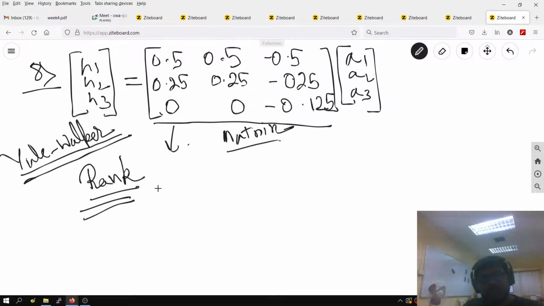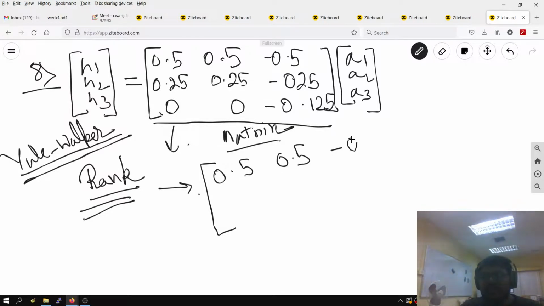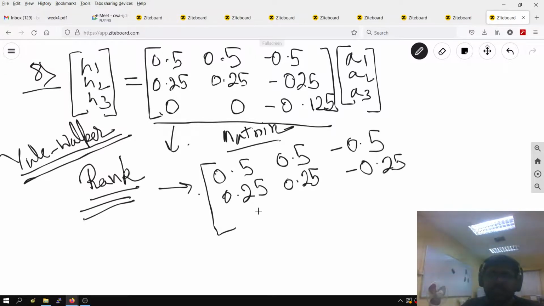So if we try to find the rank of this matrix, see, this becomes minus 0.5, 0.25, 0.25 and minus 0.25 and 0, 0, minus 0.125.